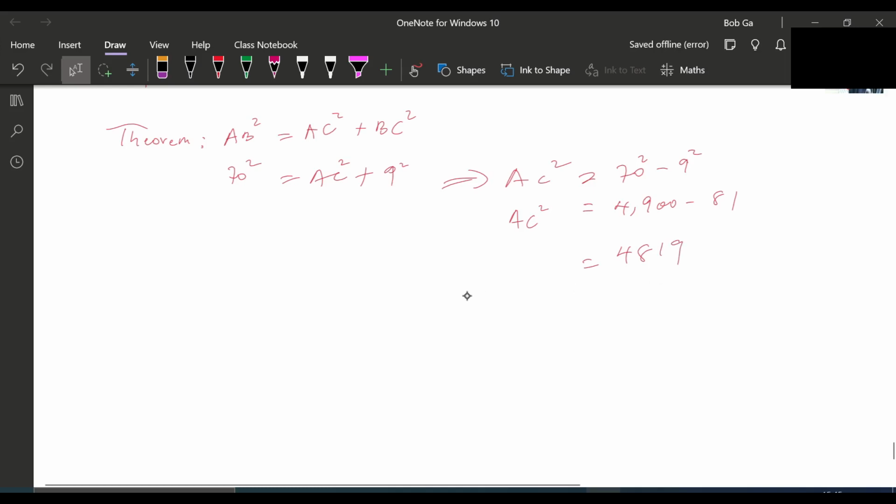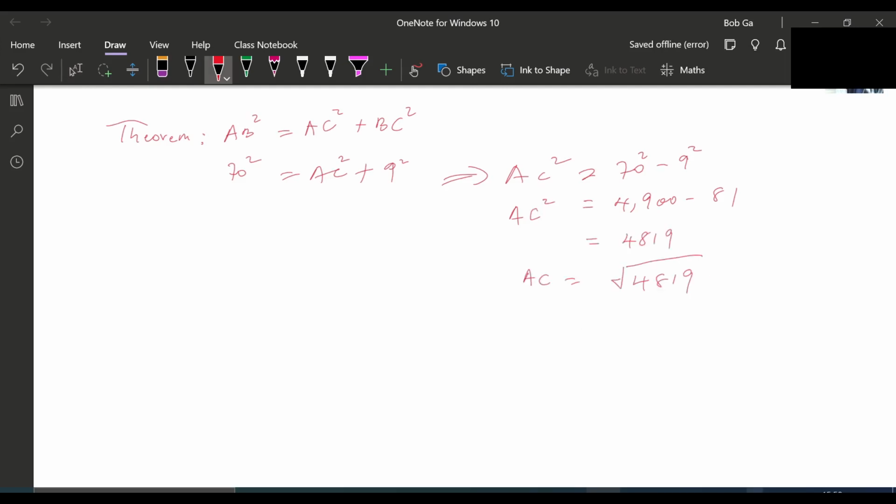Then AC, therefore, will be the square root of 4,819, which will give us 69.4190. So that's our AC there.